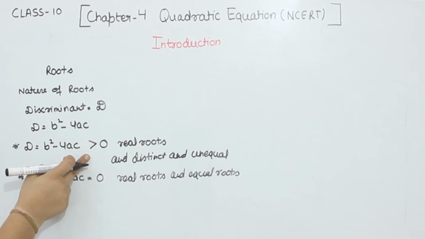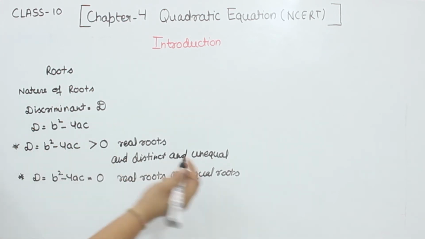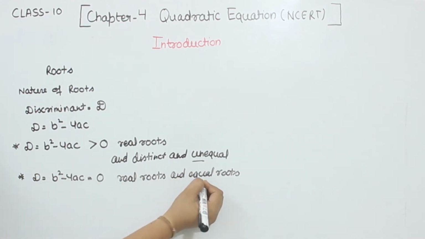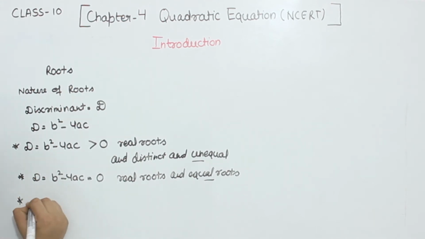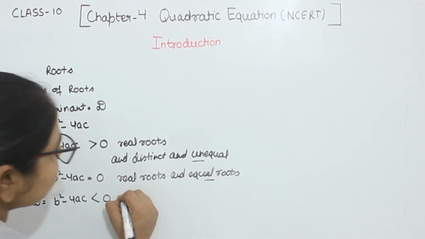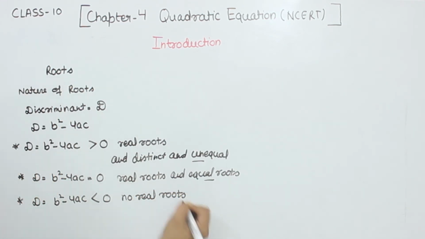But when D is greater than 0, we have unequal roots, and if D is equal to 0, we have equal roots. Now comes the third one, where D, that is b square minus 4ac, is smaller than 0, that is negative. Then in this case we will have no real roots.